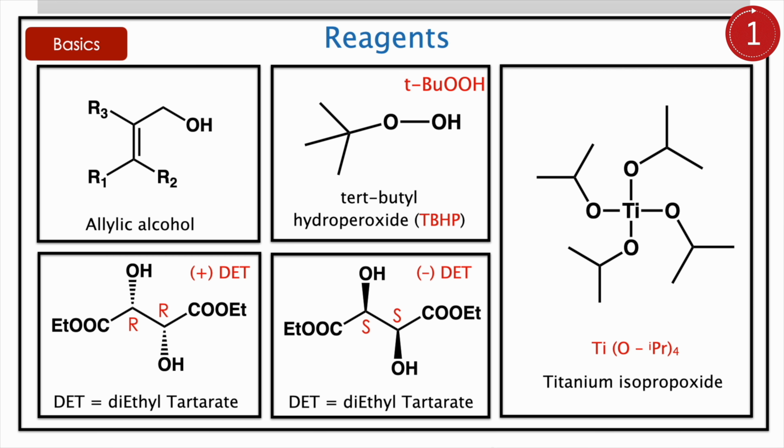If both are R, it is plus DET; if both are S, it is minus DET. DET means diethyl tartrate, an ester of tartaric acid, and titanium isopropoxide is a coordination compound, titanium with four isopropyl alcohol groups. So better you know the reagents before you master the Sharpless synthesis.